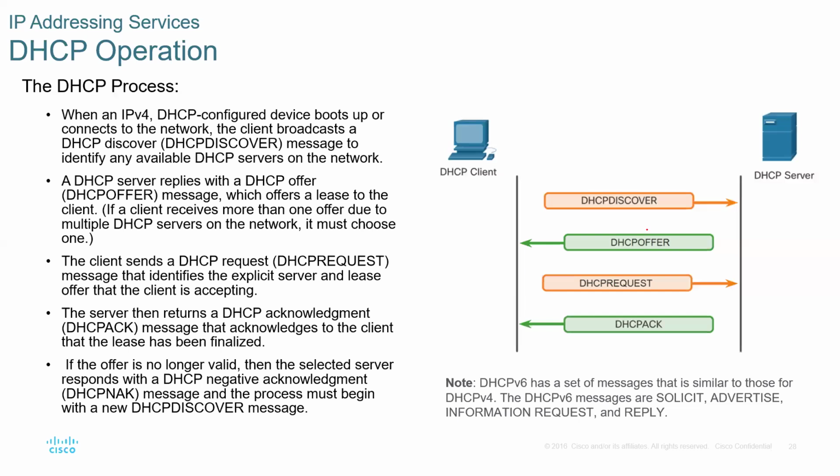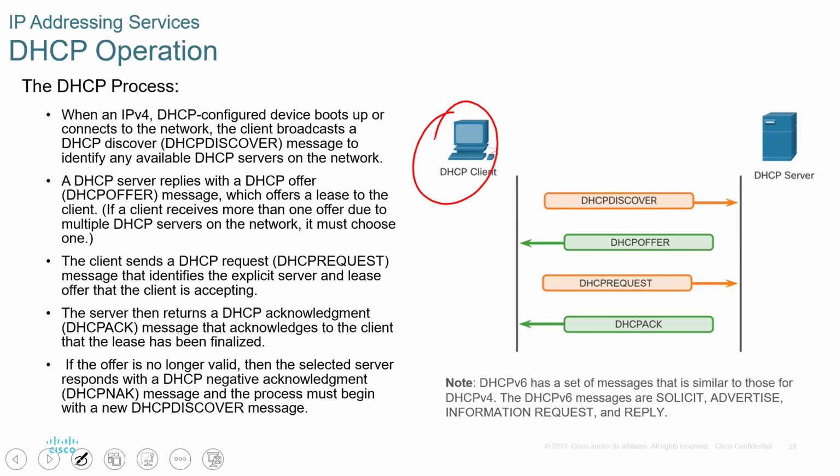First of all, a DHCP discover message is sent when a client comes on the network. Once a client comes on the network, it sends a DHCP discover message, trying to discover any available DHCP server on the network.